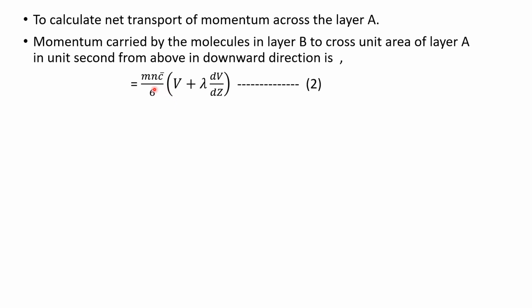In that equation, this represents the momentum, since momentum is mass into velocity of the number of molecules. v plus lambda dv by dz is the velocity of the gas molecule in the layer B. Once they cross the unit area of the layer A in the downward direction, we multiply by mass and number of molecules.